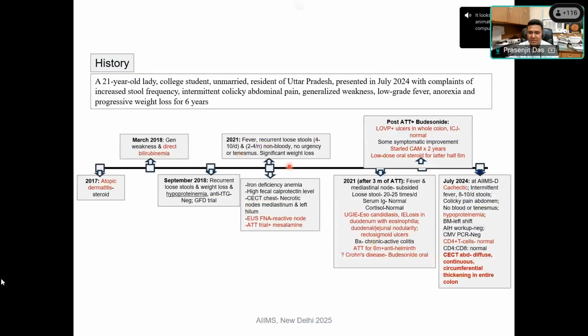So this is actually a 21-year-old patient when she landed in our hospital, but she was suffering since 2017 and was diagnosed in 2024. And see, she had multiple episodes of atopic dermatitis, sometimes hyperbilirubinemia, which only once became normal, but she had hyperproteinemia and multiple episodes of fever, anemia, hyperproteinemia.